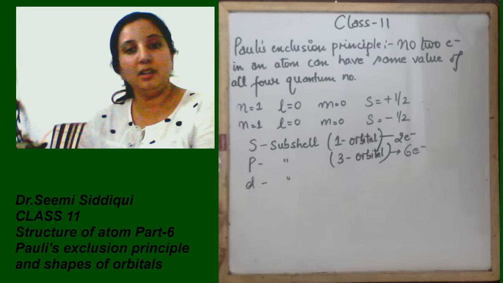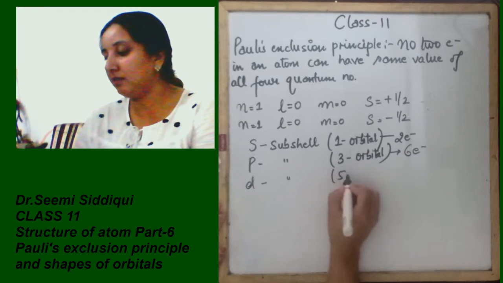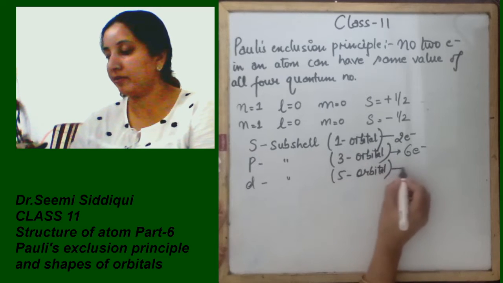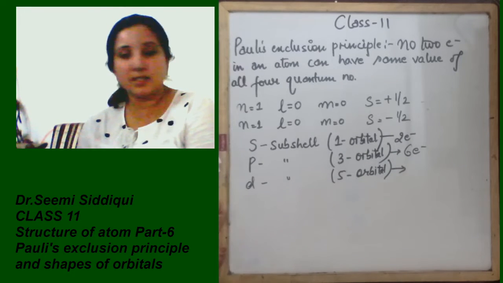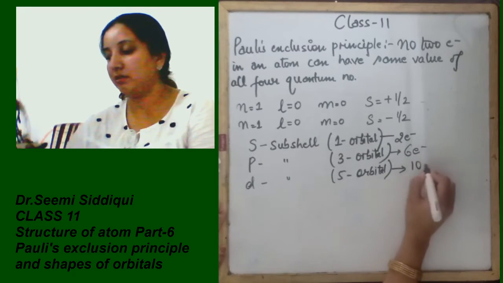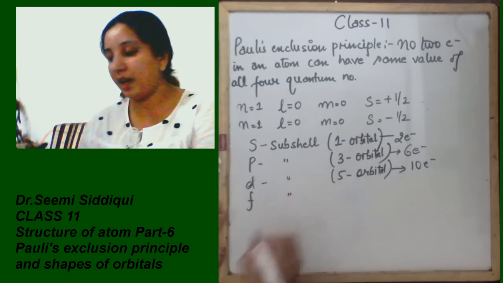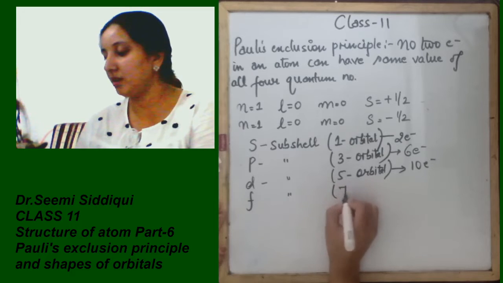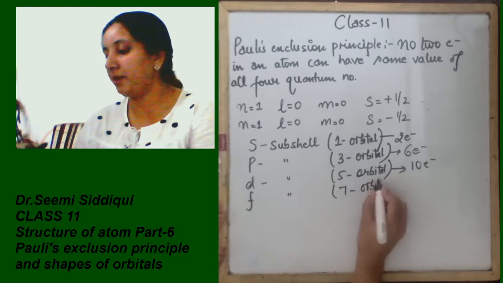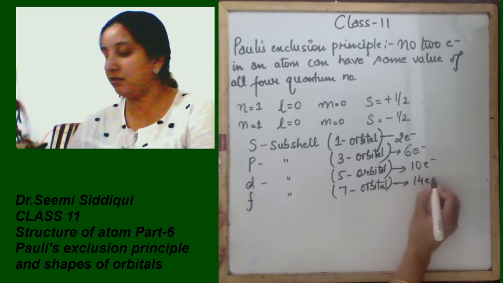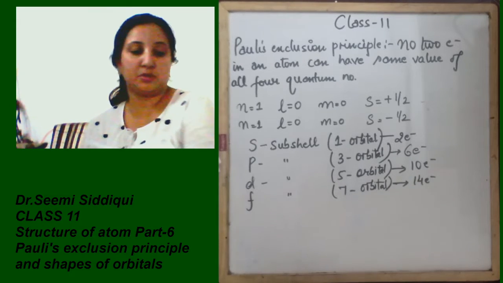D subshell, it has 5 orbitals, which means it can have 10 electrons. F subshell, 7 orbitals, and we say that it can have 14 electrons.